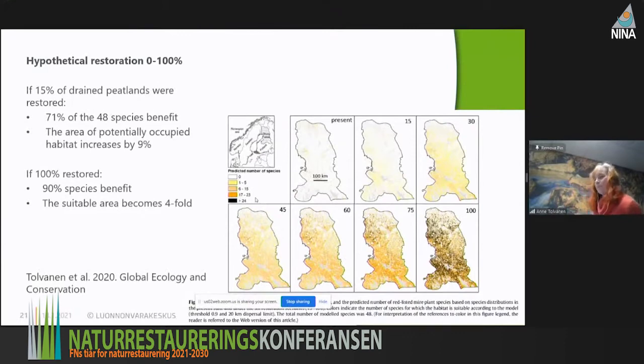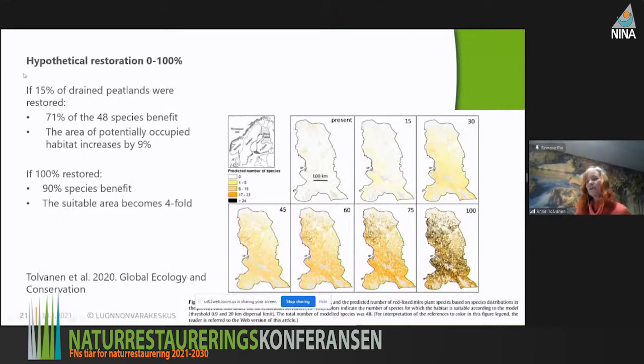And one of the main questions was this 15: is 15% restoration enough to safeguard these species? This 15% came from the previous EU strategy and targets, which aim to restore 15% of degraded ecosystems. So we tested, what if we theoretically restore 15% of these peatlands? What happens to these threatened species?